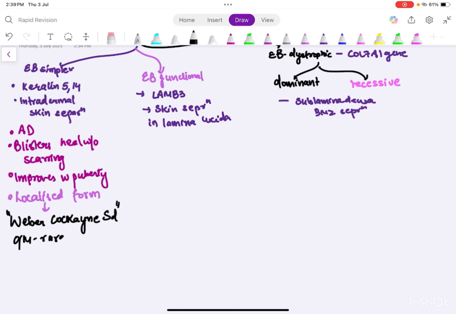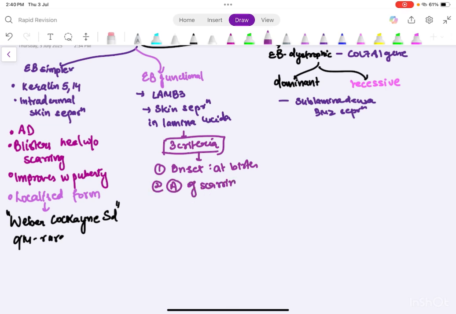Then coming on to junctional. In junctional, you need to have three criteria fulfilled to consider it as epidermolysis bullosa junctional. First, the onset should be at birth. Second, there should be absence of scarring, milia or pigmentation.